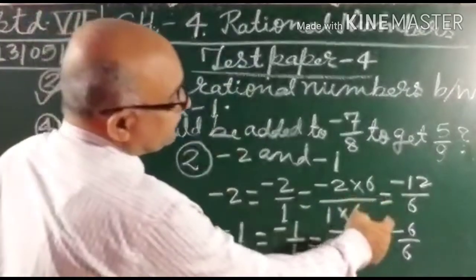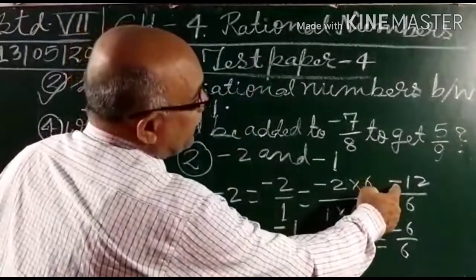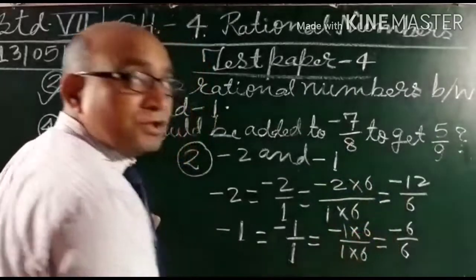Now write rational numbers between -12 by 6 and -6 by 6.